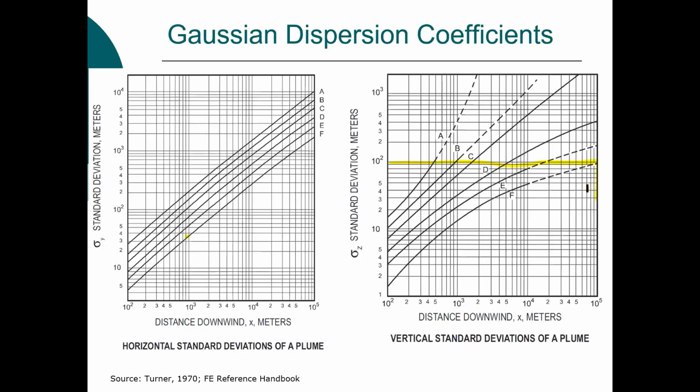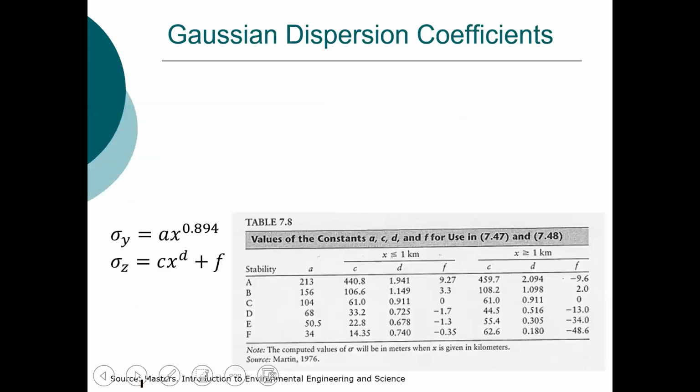We'll read down, and that tells us that the Z is approximately 10 to the 5th meters. So that gives us an approximate value. We can determine a more accurate value using the equations that are given.